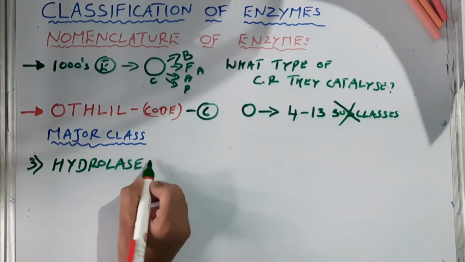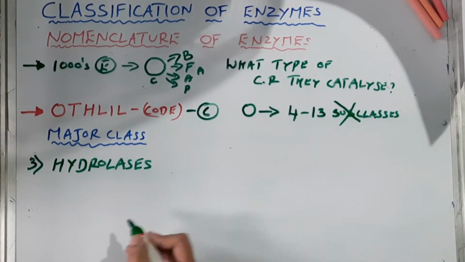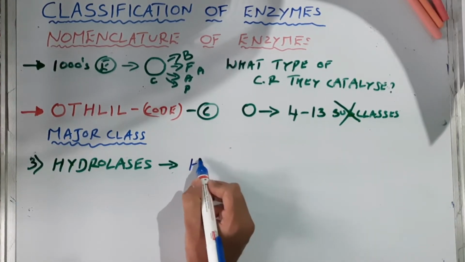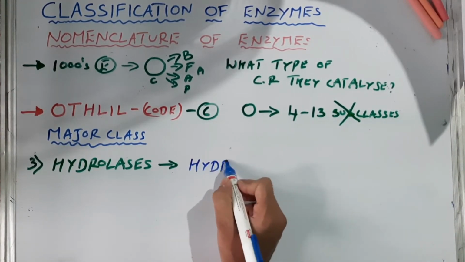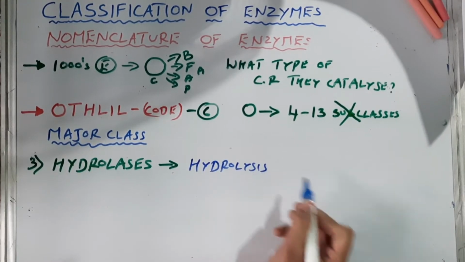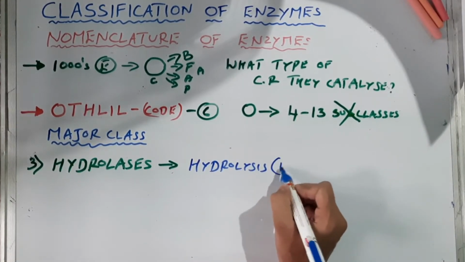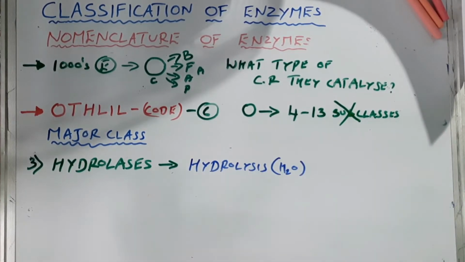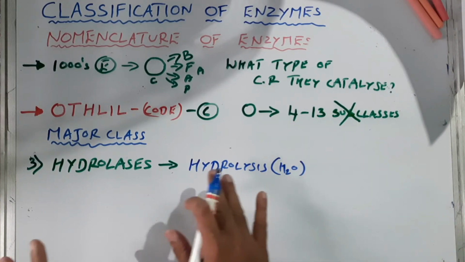What is this hydrolases? Again, in the major class name itself, we can easily identify the function of hydrolases. They are going to bring hydrolysis, that is breakage of the bonds. What is hydrolysis? It is breakage with the involvement of water, so water is required here. The enzyme breaks the bond in a particular substrate or between substrates. They are going to bring the hydrolysis.